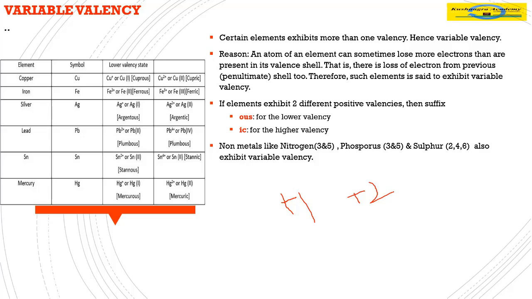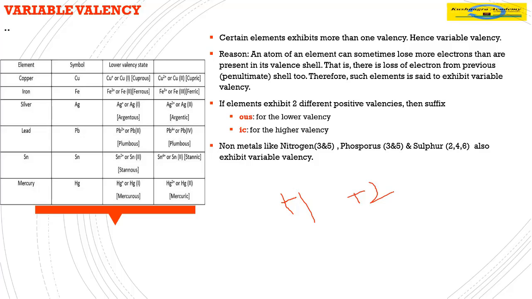Yes, for the higher valency we use IC, that means cupric, and for the lower one we use cuprous. In the same manner, iron also shows two types of valency, +2 and +3. The higher valency is +3, so for the iron compound with +3 we use ferric, and for +2 we use ferrous.